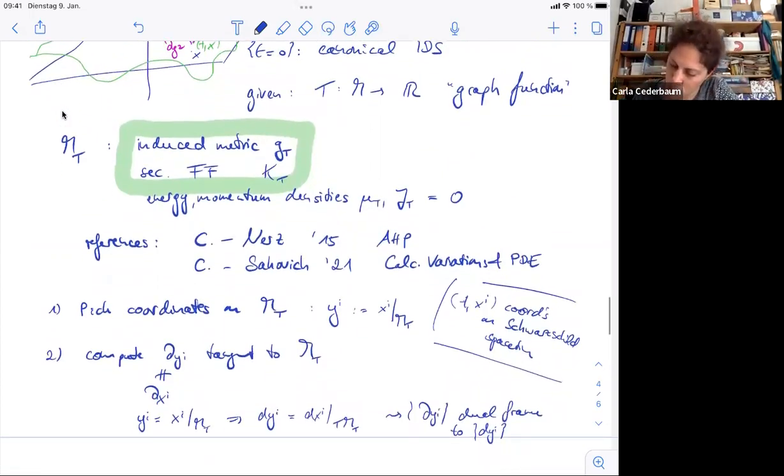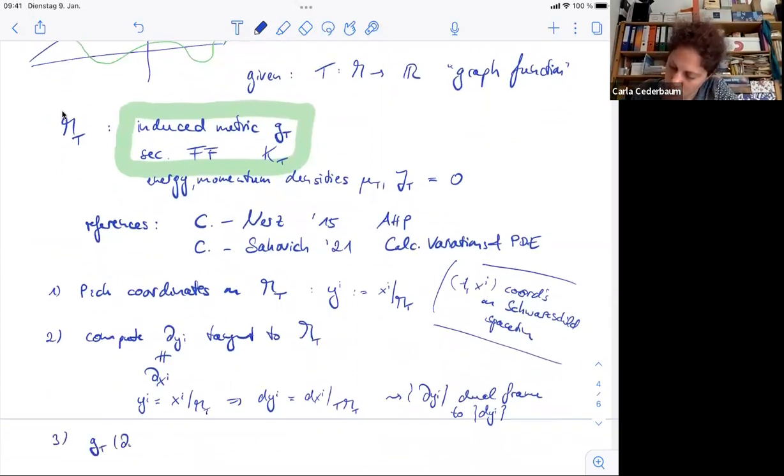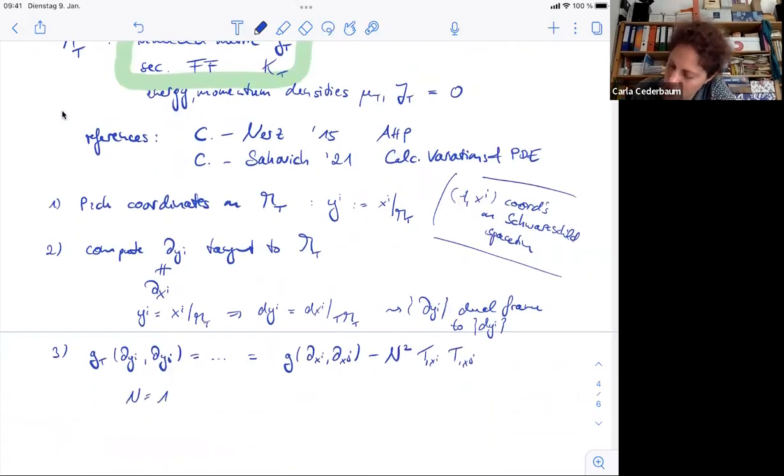And then you can just compute g_t(dy^i, dy^j), and you do some computations that are shown in the paper with Christoffel symbols. And what you find is that it's dx^i dx^j minus n squared dt dt, where n is an abbreviation for sqrt(1 minus 2m over r), and this is the lapse of Schwarzschild.